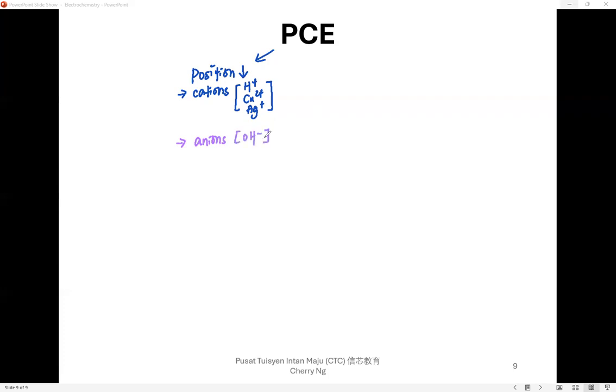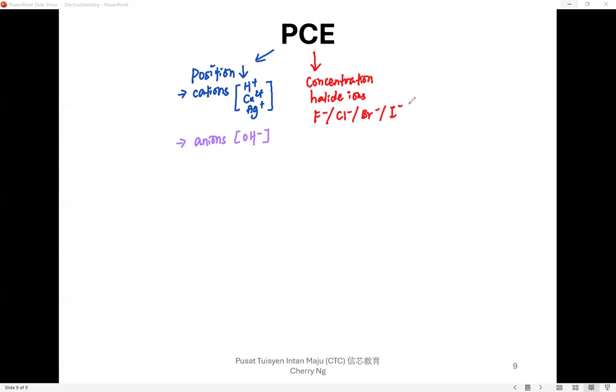Now we look at the next one, which is concentration. Concentration only affects the halide ions, which are anions. Halide ions are fluoride, bromide, or iodide.